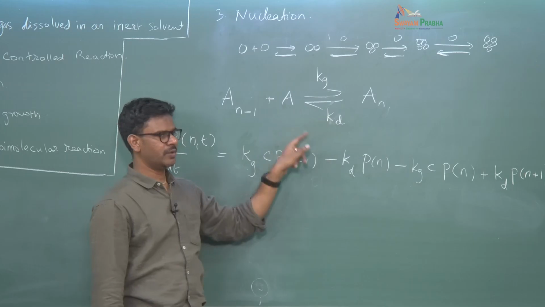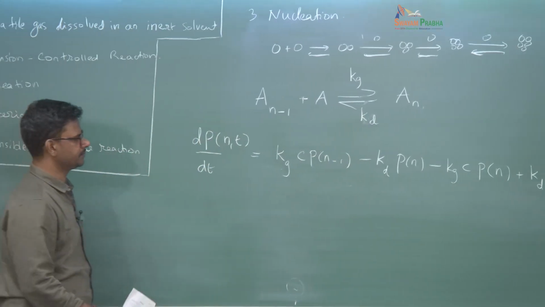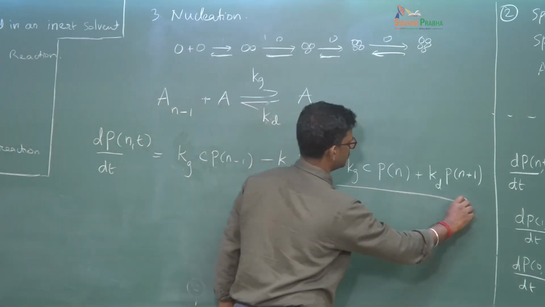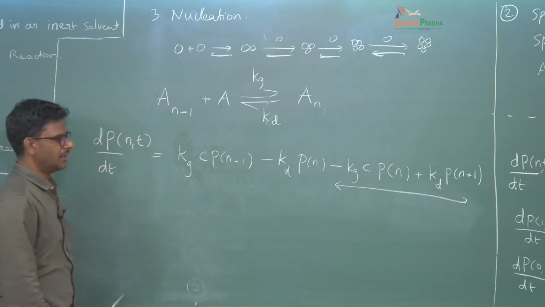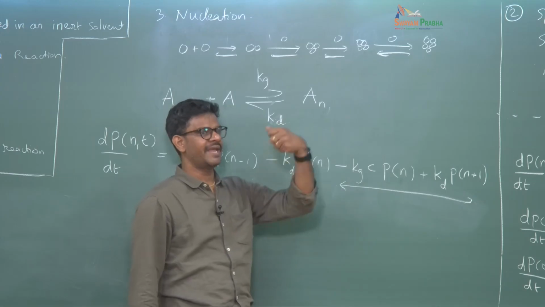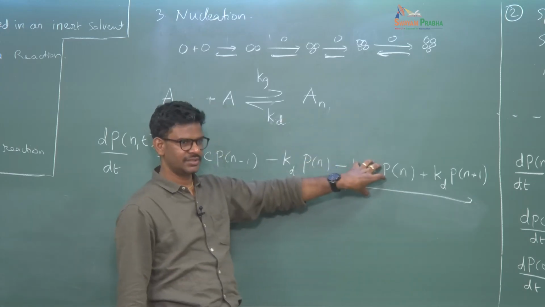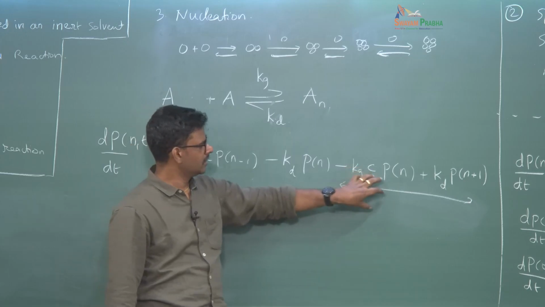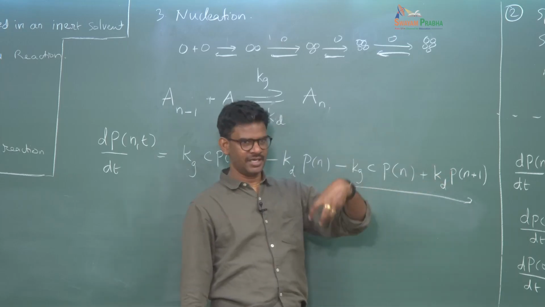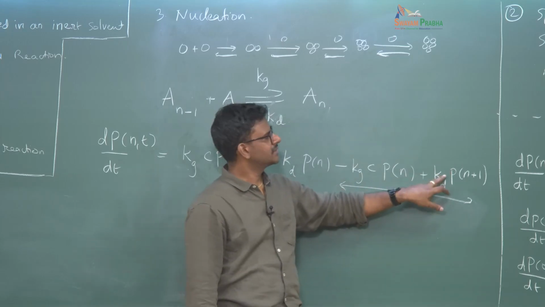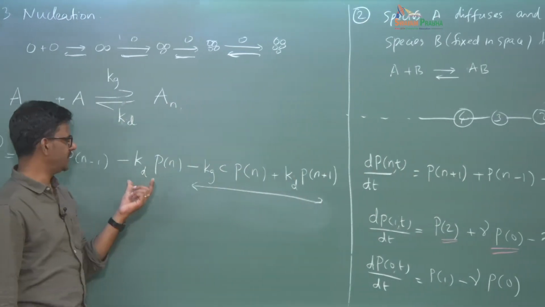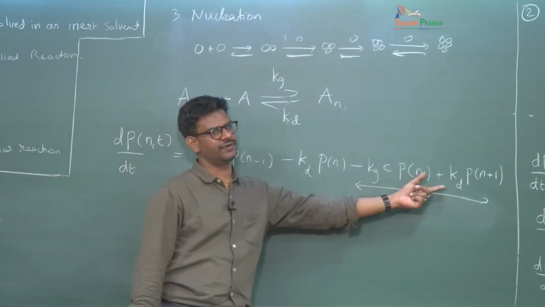Suppose you have a cluster of n, it can take one more monomer and become n plus 1. That is a destruction, a loss term. And then you can have a cluster of n plus 1 that dissociates and creates P(n). That is just like how we wrote the diffusion equation, very similar. I am changing only the prefactors; the constants are different now.